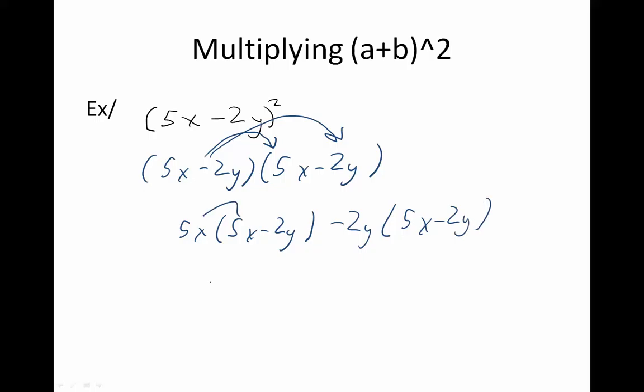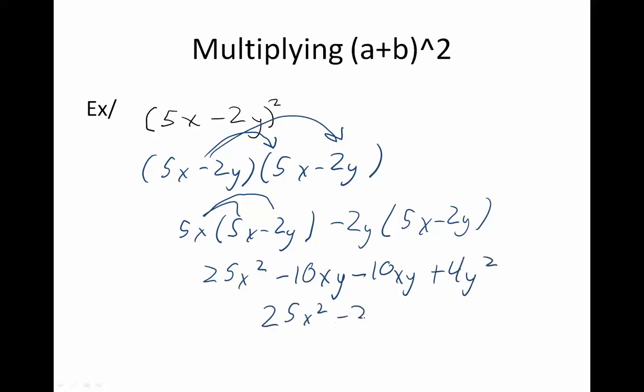Now let's distribute. 25x squared. 5x times negative 2y is negative 10xy. Notice x times y makes xy. Negative 2y times 5x makes negative 10xy. Negative 2y times negative 2y makes positive 4y squared. So final answer, 25x squared minus 20xy plus 4y squared.